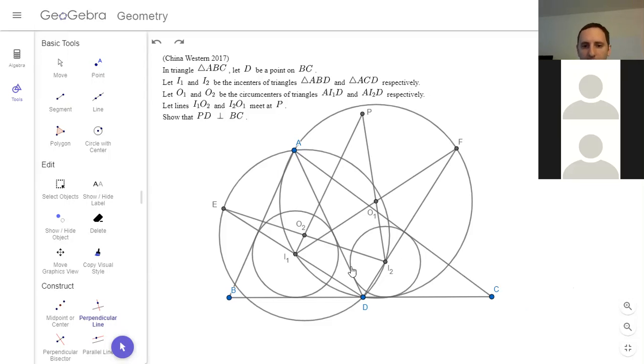So we know we want to use that this is the right angle here. And so we know that these are diameters because of that. Is there any other way we can use that fact? So if we can show that DI1 squared minus DI2 squared is PI1 squared... well, no, that's not what we want to show.